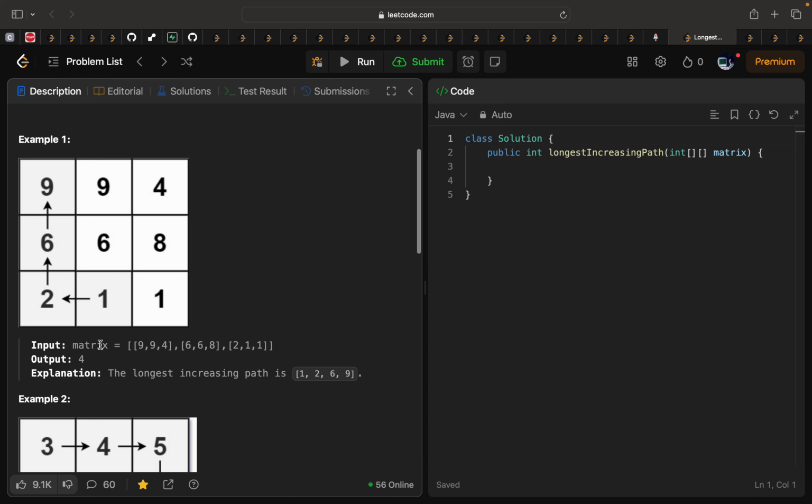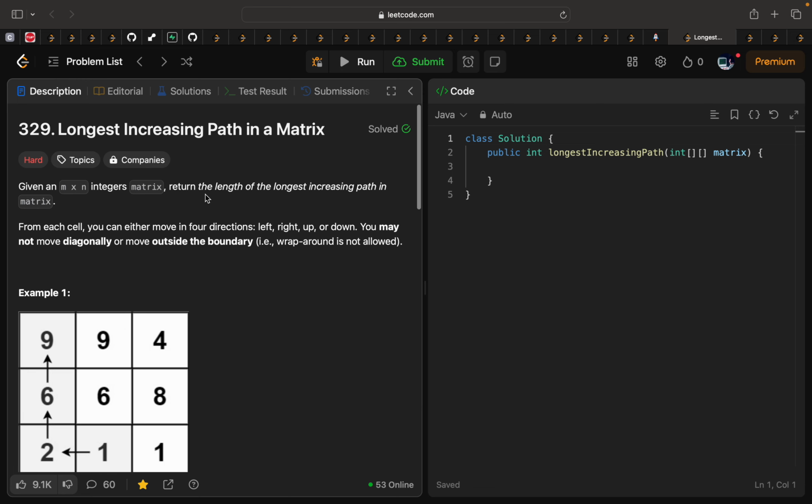Here the length is 4, meaning this path is the longest increasing path: 1 to 2, 2 to 6, 6 to 9. I think the path should be strictly increasing, because if the paths are not strictly increasing, then the length was supposed to be 5, because this would then also be considered an increasing path.